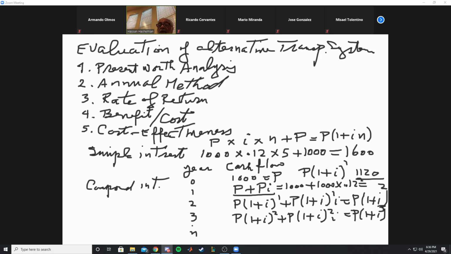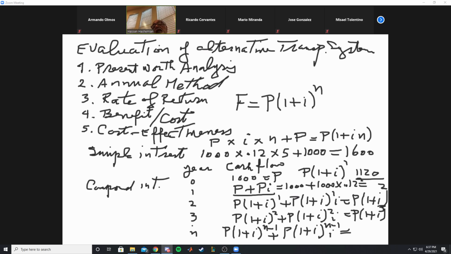So on the nth year, you will have P times (1 plus I) to the power of n minus 1, because it's 1 year before, that's your principal, plus P times (1 plus I) to the power of n minus 1 times I, and that will give you the amount we call future, that is P times (1 plus I) to the power of n.